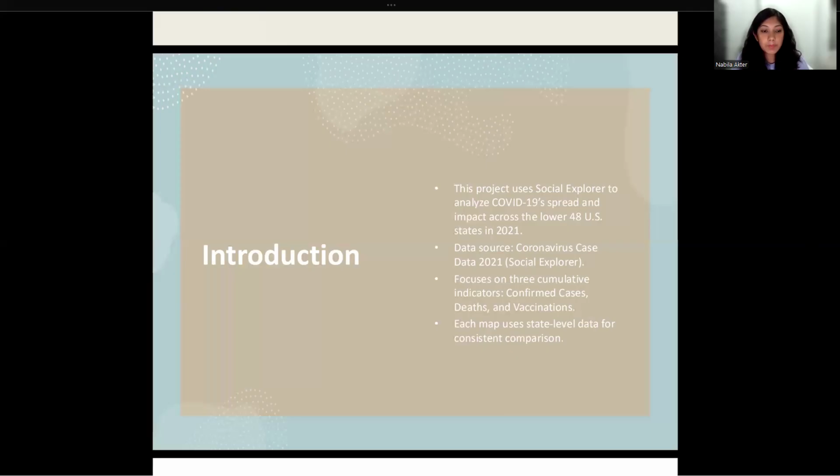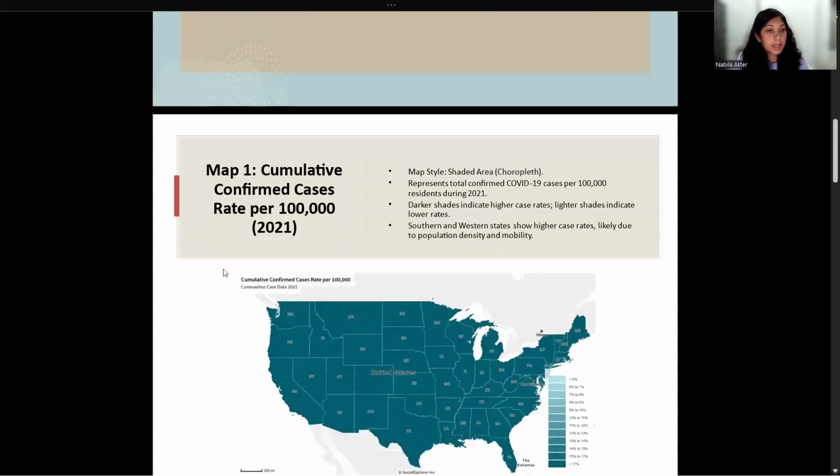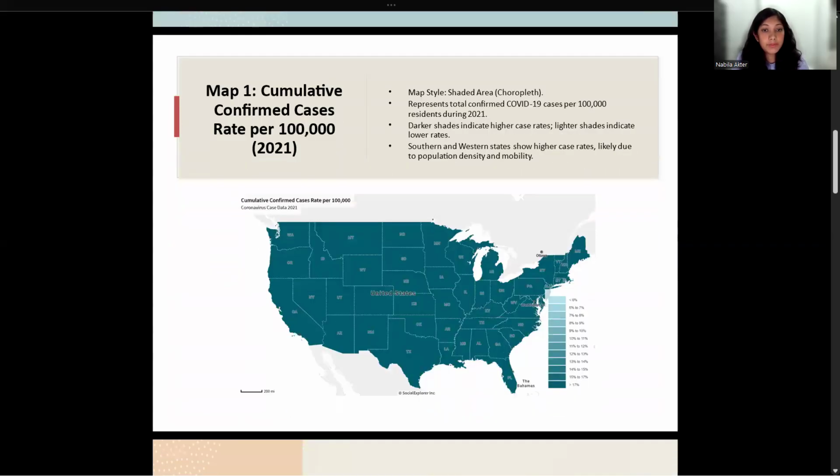public health outcomes. So I'm going to another slide, Map 1: cumulative confirmed case rate per 100,000 in 2021. This map used a shaded area choropleth style to show cumulative confirmed cases per 100,000 residents.